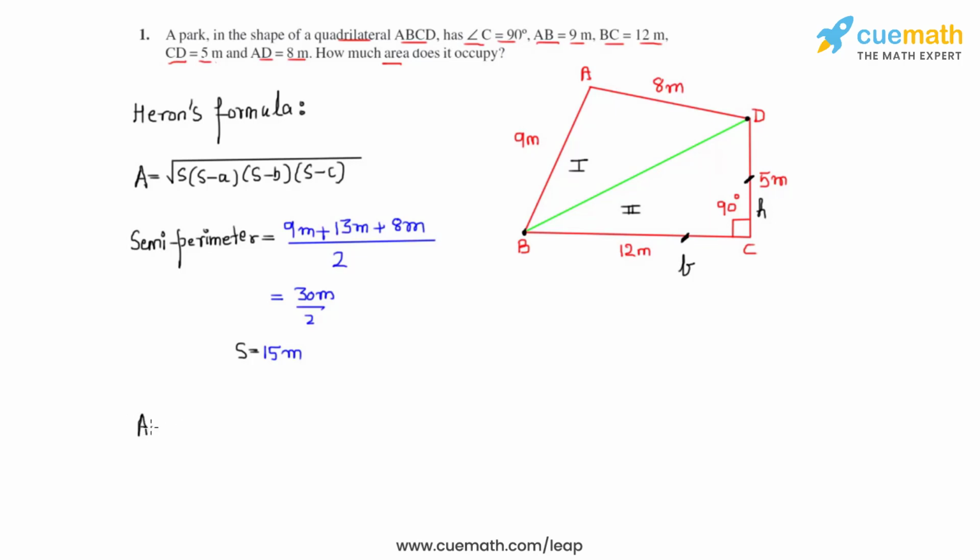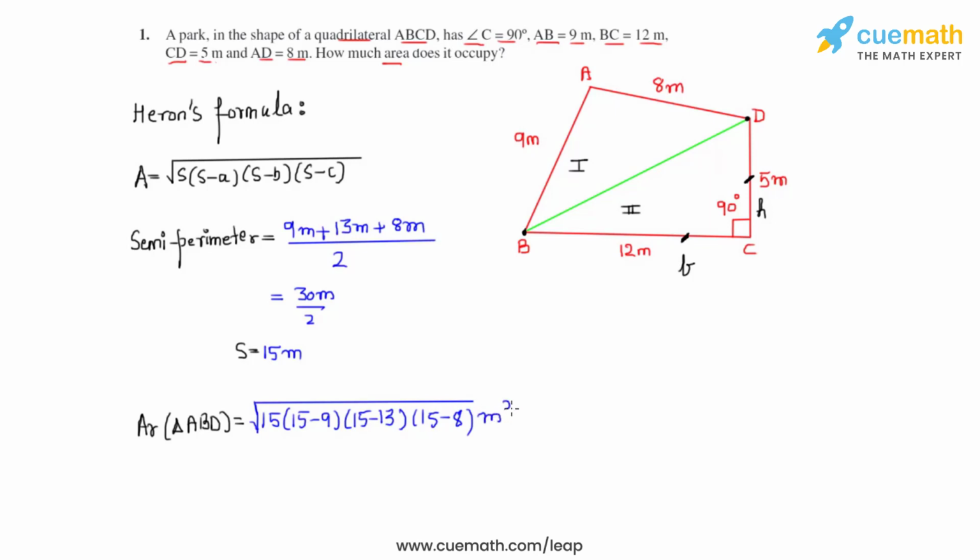Now that we have found the value of the semiperimeter, we can substitute these values back into Heron's formula and can find the area of triangle ABD as under root 15 times 15 minus 9 times 15 minus 13 times 15 minus 8.